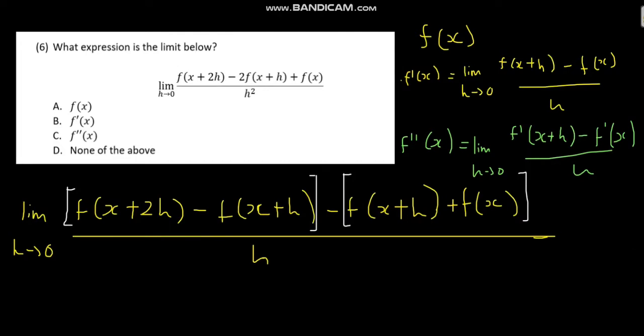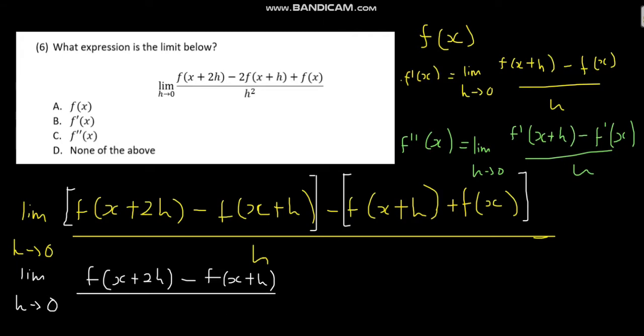Now I'm going to rewrite this expression here. This will give me the limit as h approaches 0 of f of x plus 2h minus f of x plus h, all divided by h, and then minus this one.